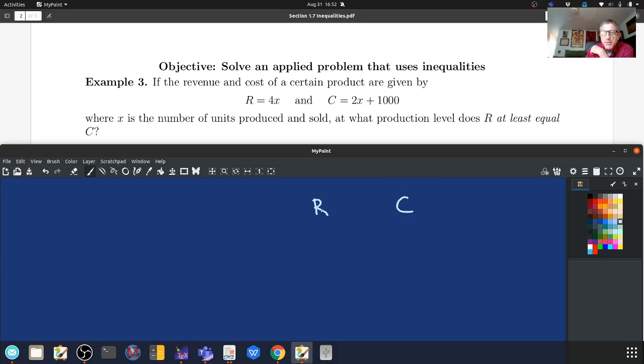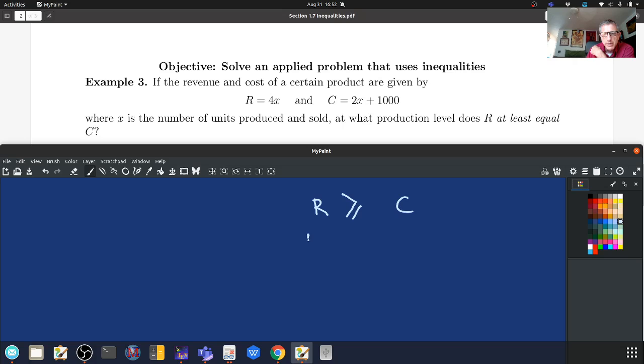So we want our revenue, what we make, to be greater than the cost. So R has to be at least equal to C, but it's okay if it's greater than C. So R, our revenue, has to be greater than or equal to our cost. So this is our business model.